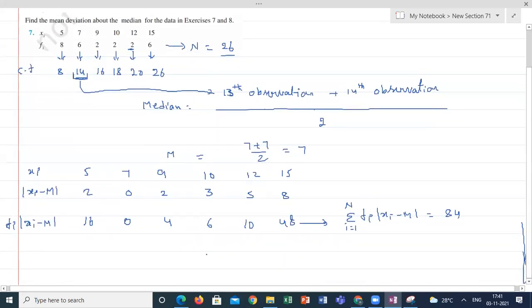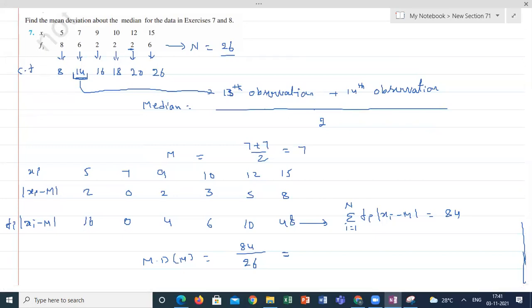Now the mean deviation about the median will be equal to 84 by 26. What is the answer? 3.2.